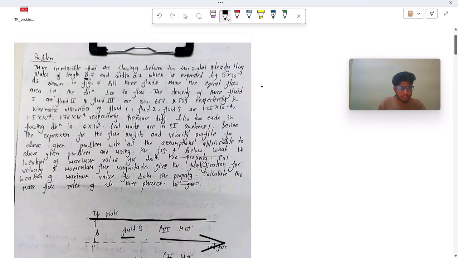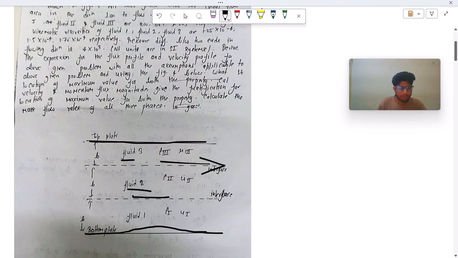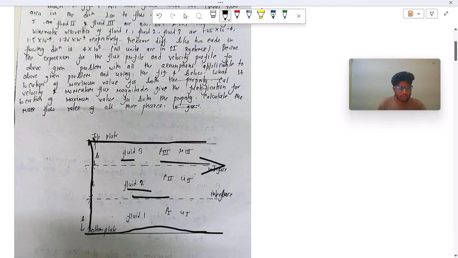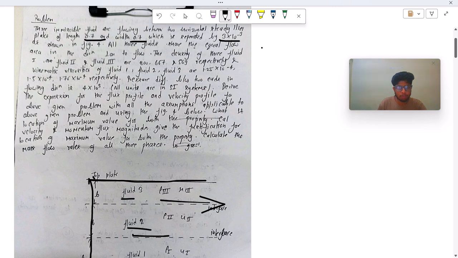We are given the length of the plates as 0.7 and the width of the plates as 0.7. The distance between the two plates is 3 times 10 to the power minus 3 meter, as shown in this figure, and all three fluids share equal flow area.